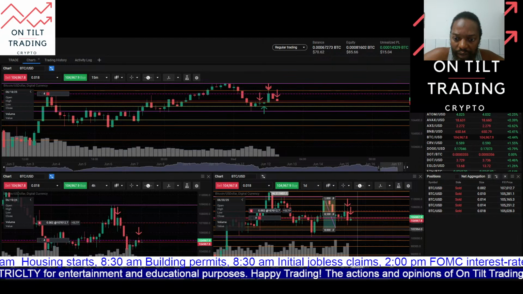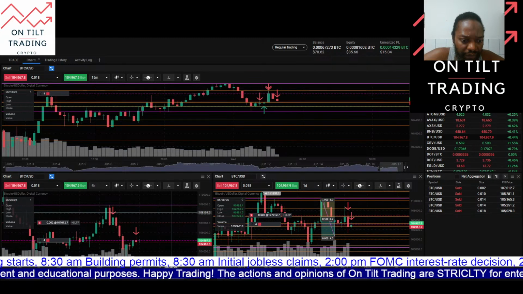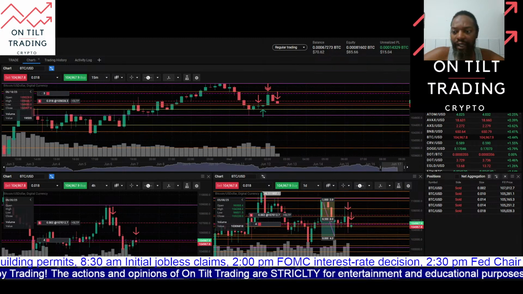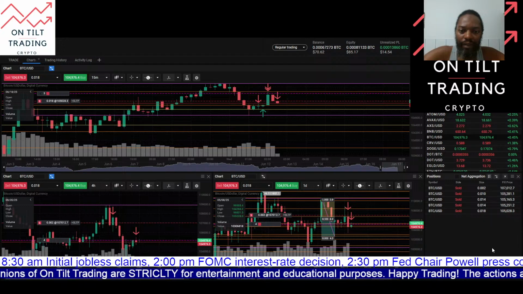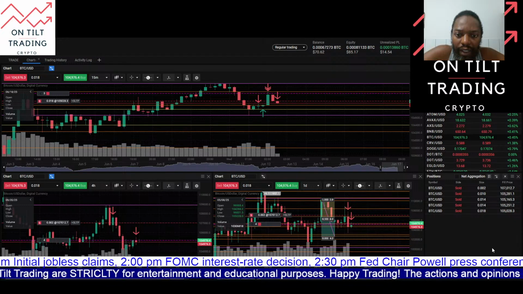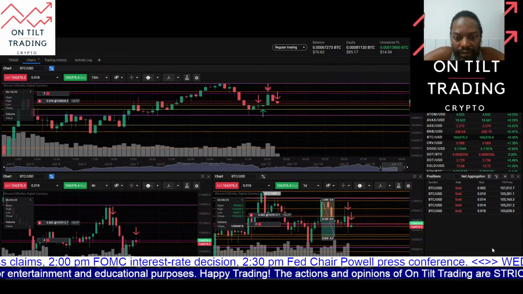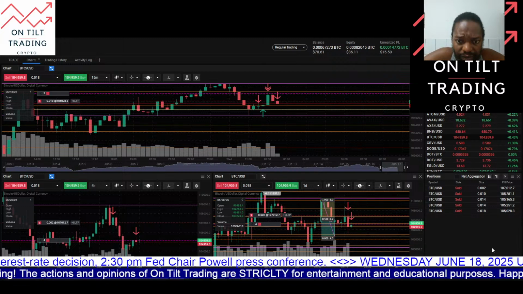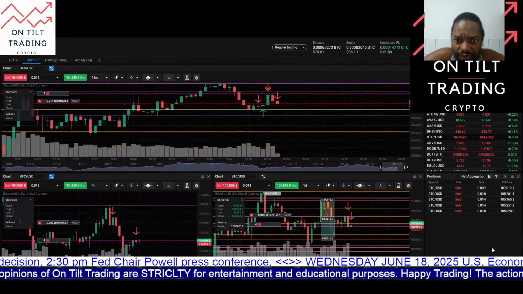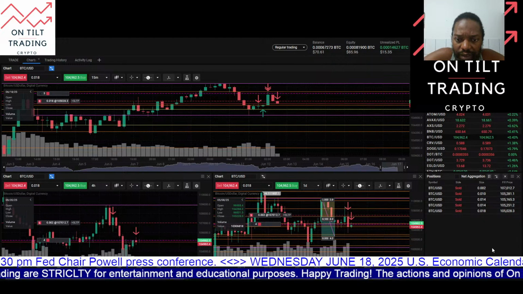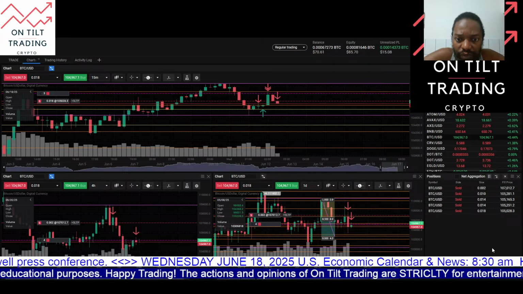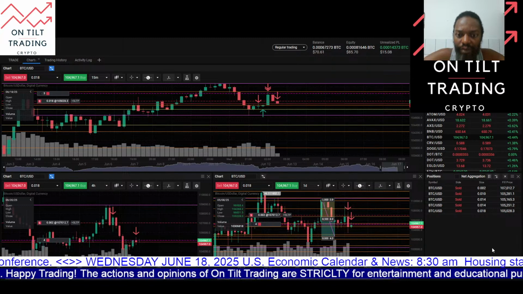So with this in mind, I've also observed from back testing that the London session can lead to continuation in the New York session. So it's possible that I may still have this position on if it holds. I could still have this position on when New York session opens.